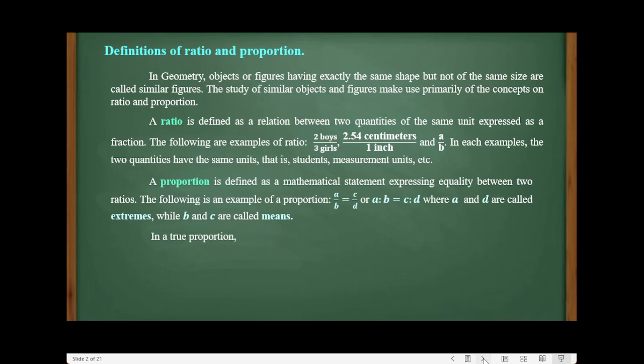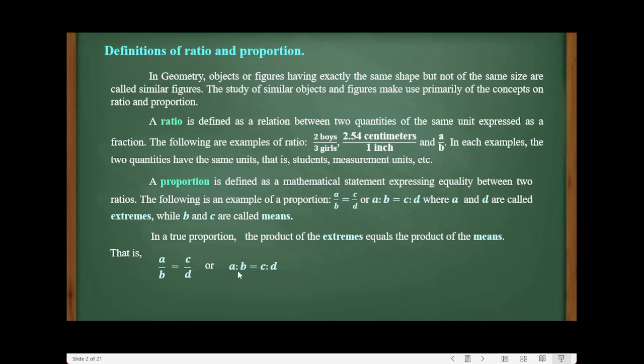In a true proportion, the product of the extremes equals the product of the means. That is, A over B is equal to C over D. We can also write the proportion in this form: A colon B equals C colon D. But that is not how we read the equation.